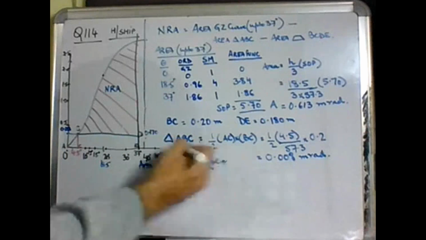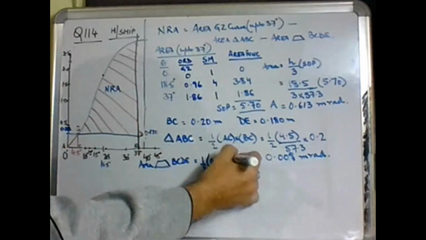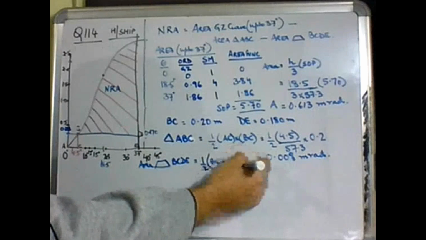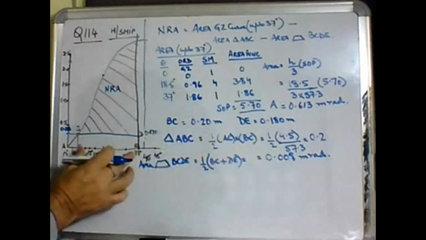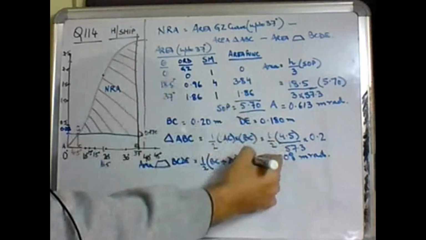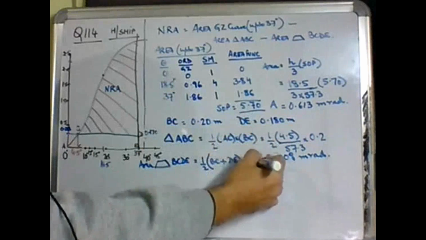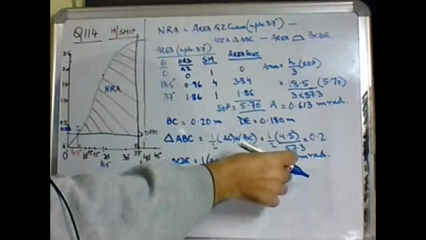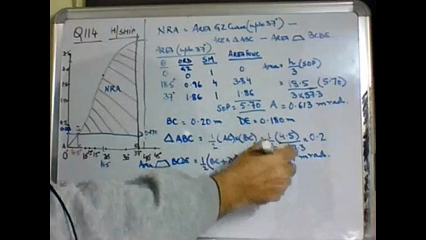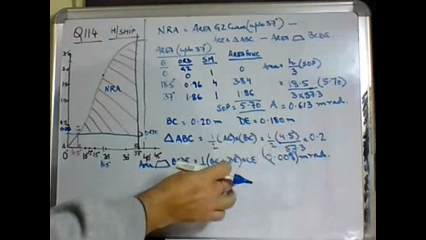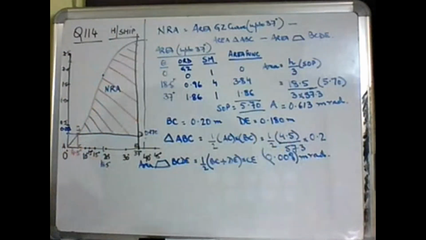BC plus DE. These are the parallel sides. Into difference between them is CE. ये समझ में आया? Is this okay?